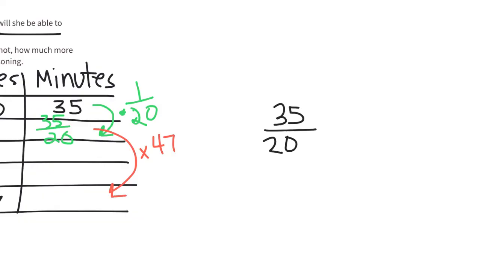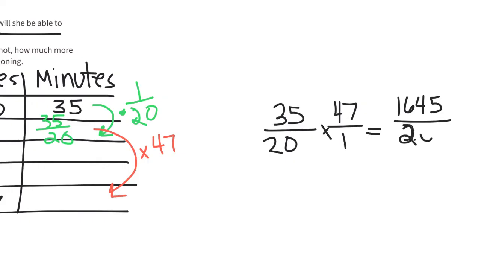35/20 times 47 over 1. So we're going to use our calculator, and we're going to do 35 times 47. That gives us 1,645 over, and then 20 times 1 is 20. Then we're going to use division, divide those two, and we get 82 and a quarter.